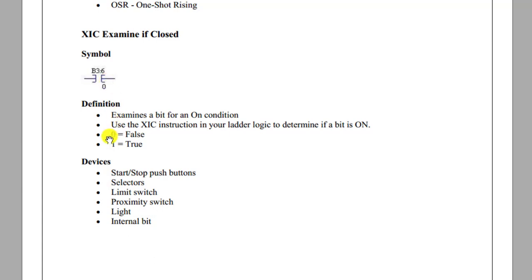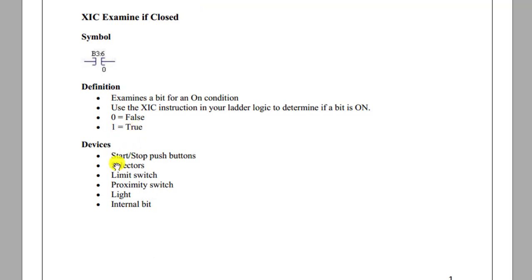So here 0 means false, that is if you are not applying any input, then you're not going to have output at the other end, and if you are applying input, then it will connect this line to this line, and thus you will have a true output for a 1 that has been applied.